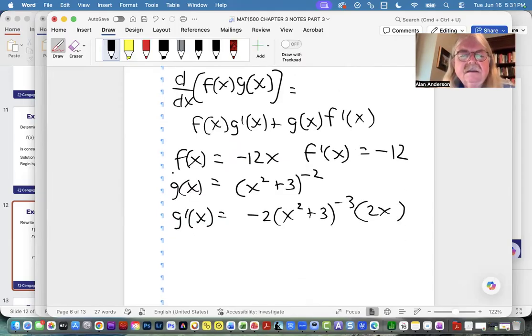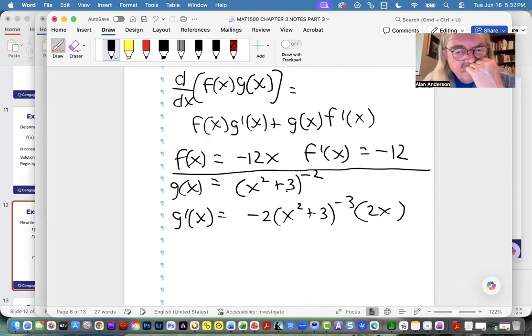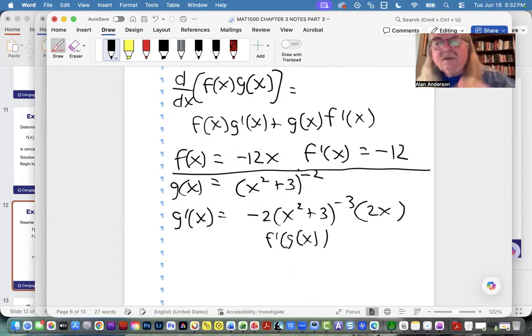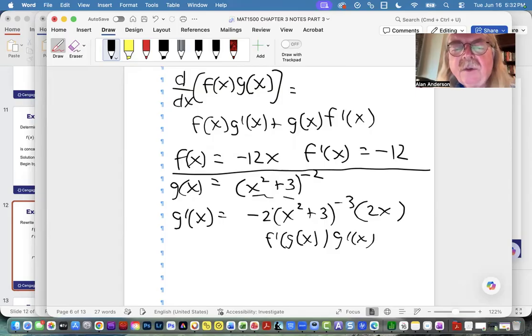Because you're applying this f prime of g of x, where of course we've got to be careful of the letters that are floating around here now. But you've got this function, its derivative is negative 2 x squared plus 3 to the minus 3. And then out here you have this g prime of x, which is the derivative of whatever was inside here.